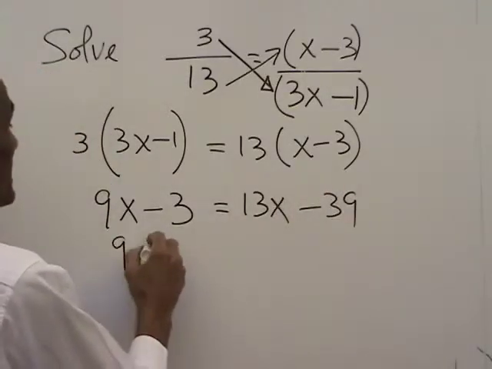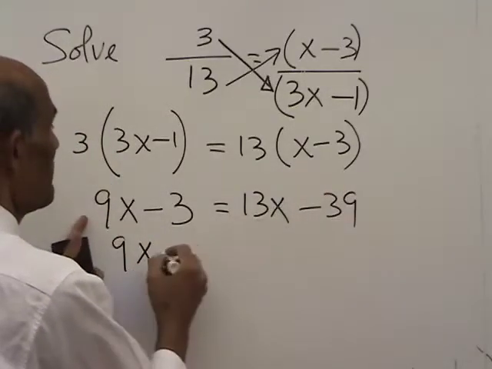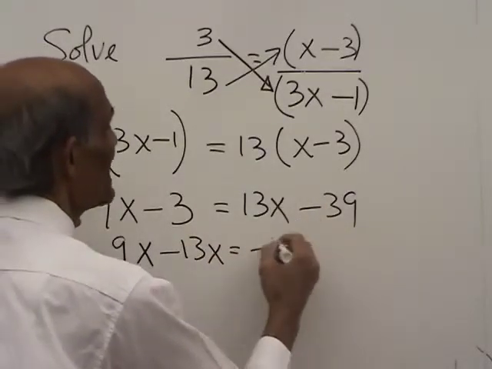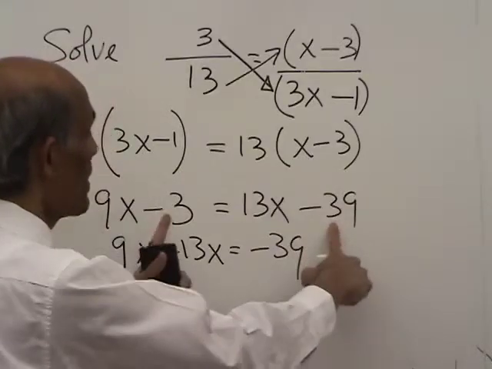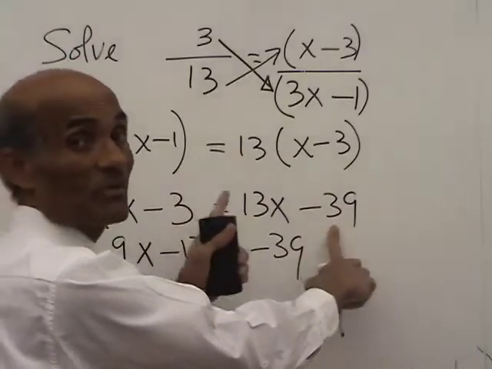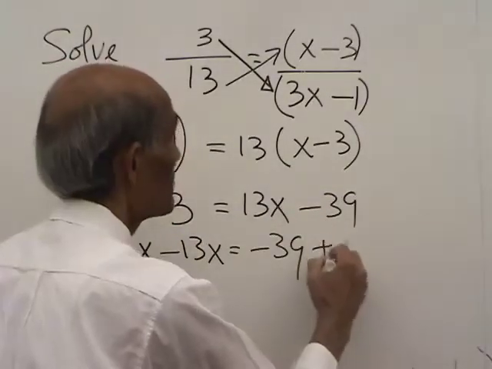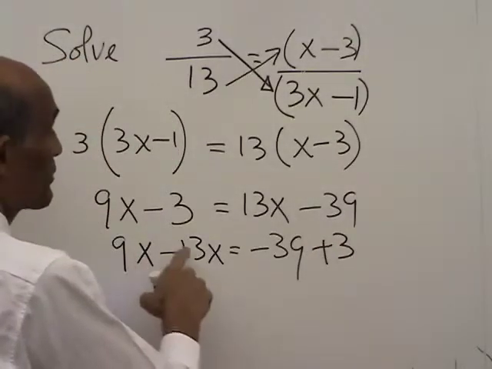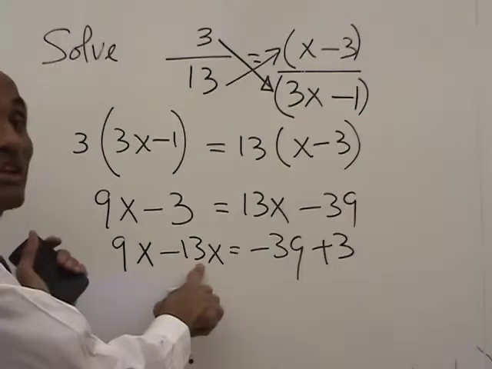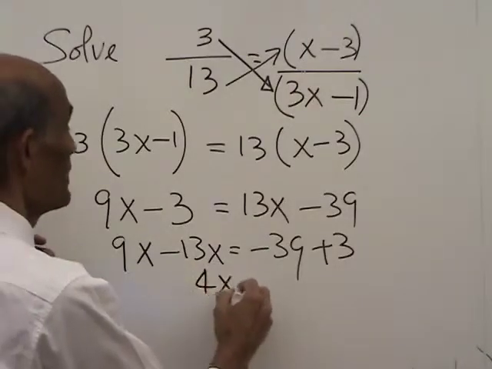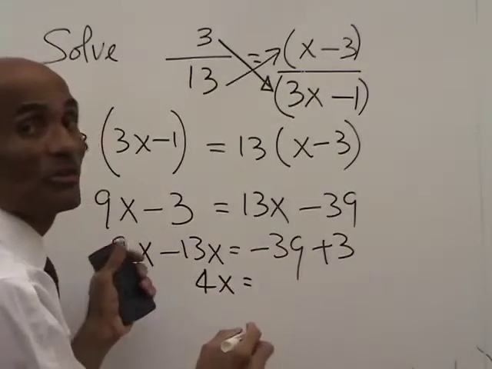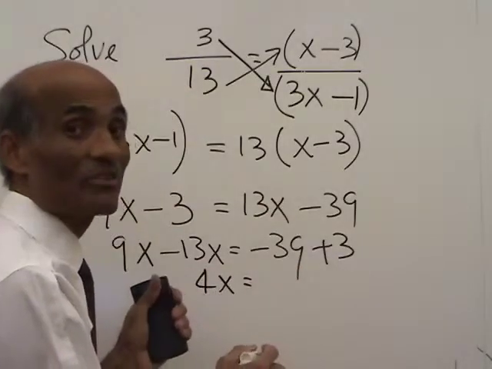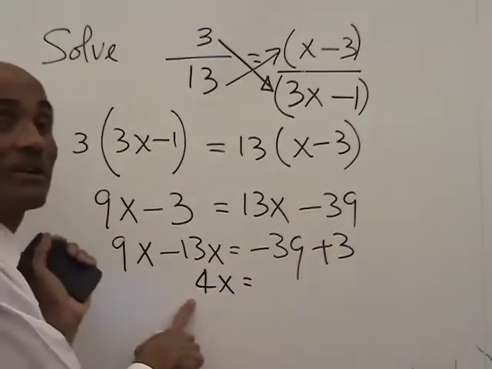Alright, now we move the 13x to the left and the negative 3 to the right. That gives me 9x minus 13x equal to negative 39 on the right. This negative 3 will move to the right, become positive 3. What does that become? 9x minus 13x is, well, did I get it right?